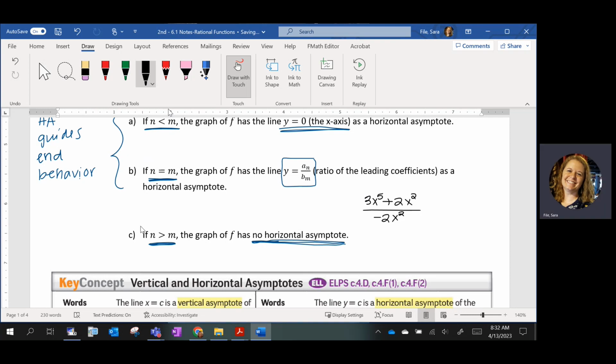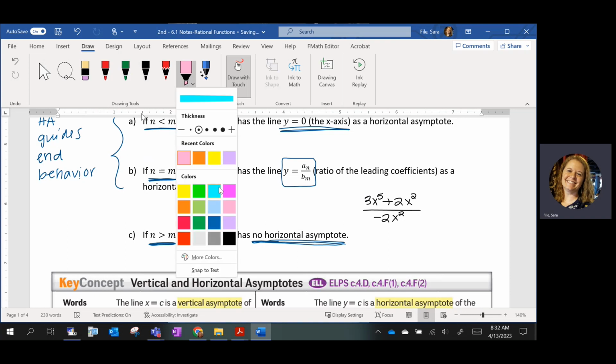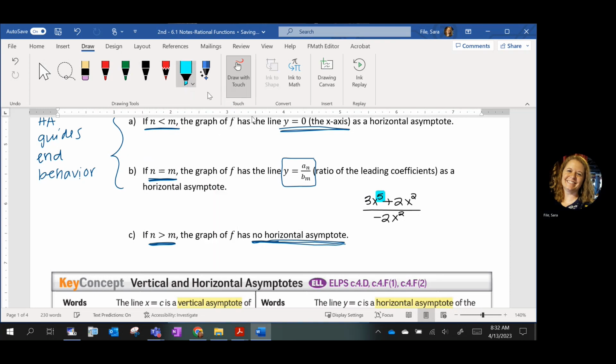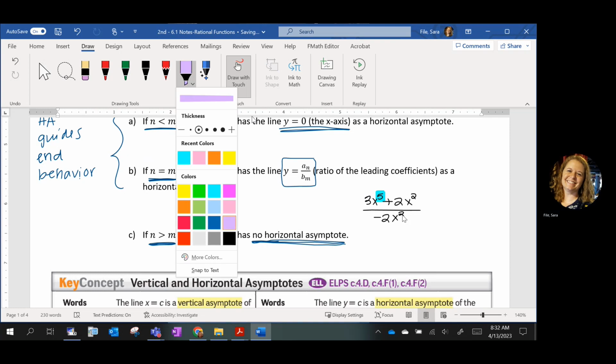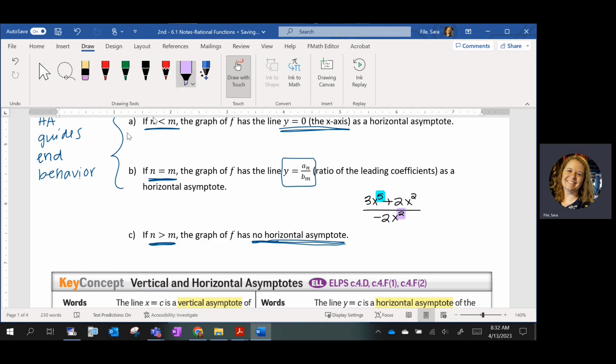Let's say this is my rational function. When I look at this, I see N is 5 and M is 2. Y'all agree? So N is greater than M. All I have to worry about, this is going to behave the same, it's going to act like 3x to the 5th over negative 2x squared.